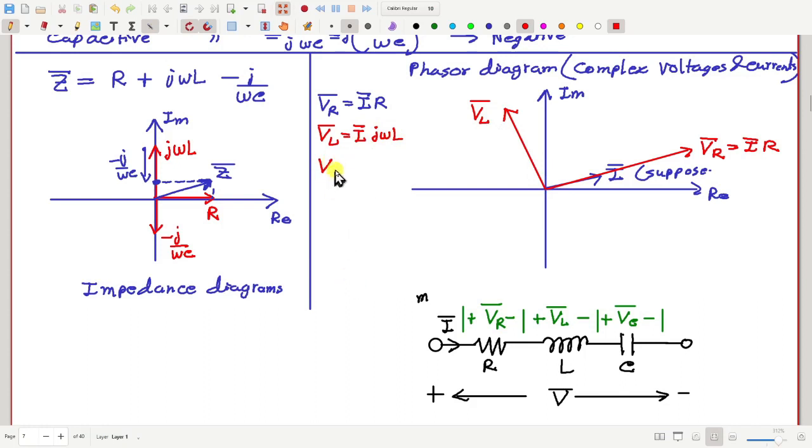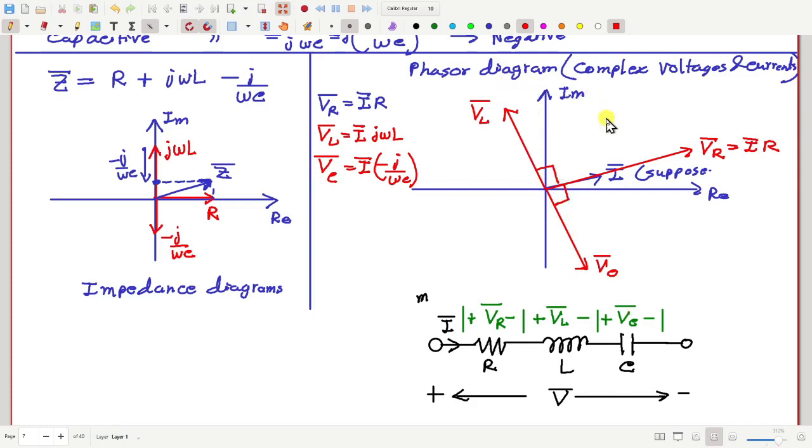And similarly, if I draw VC bar, the voltage across the capacitance, I times minus j by omega C, where will that be in this complex plane? That will be rotated 90 degrees in the clockwise direction. So this will be VC bar. This angle should be 90 degrees, and this angle should also be 90 degrees.